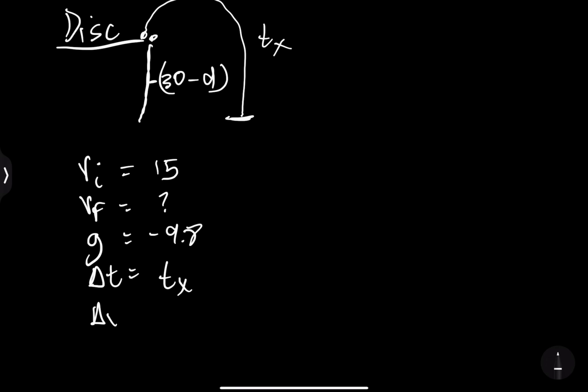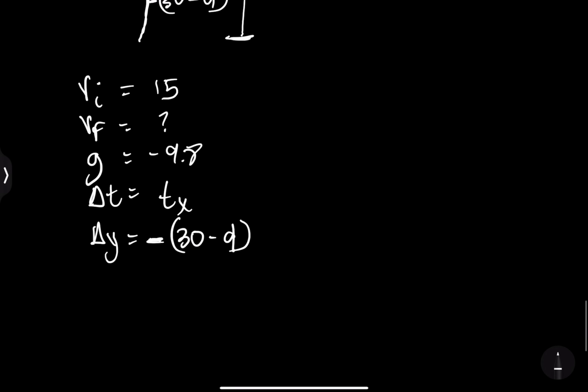What is our displacement in this case? Remember, we said the distance is 30 minus d. However, since we chose up as positive, downwards is negative. Now let's write an equation for that.